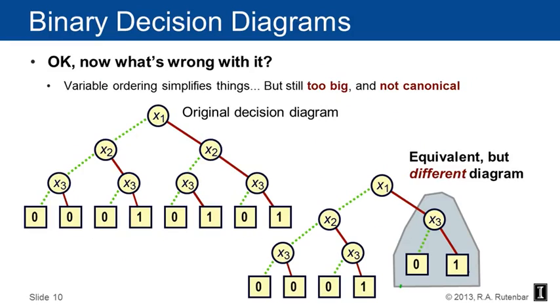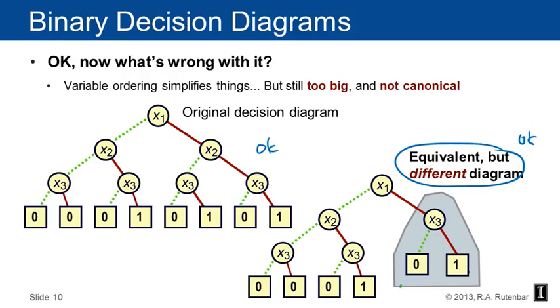So suppose we go back and we say, I insist on an x1, x2, x3 order. Now what? Right? So this decision diagram over here is still okay, right? It's not doing anything illegal, but the diagram on the right is also okay, right? And it is equivalent. It is the same function but different, and that's a problem. Because note what happened here.